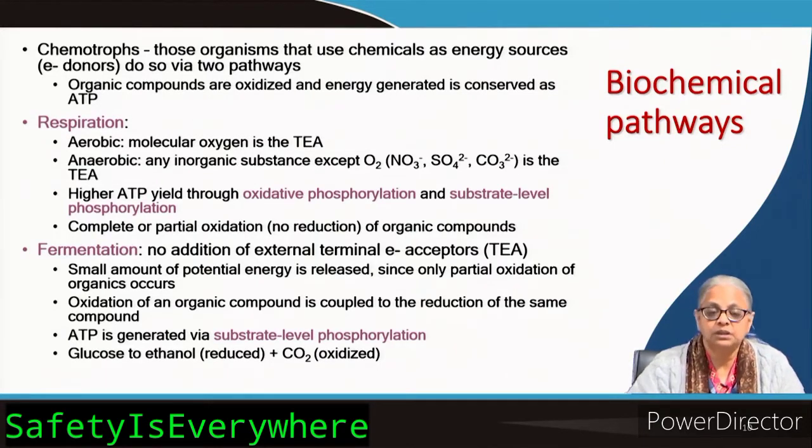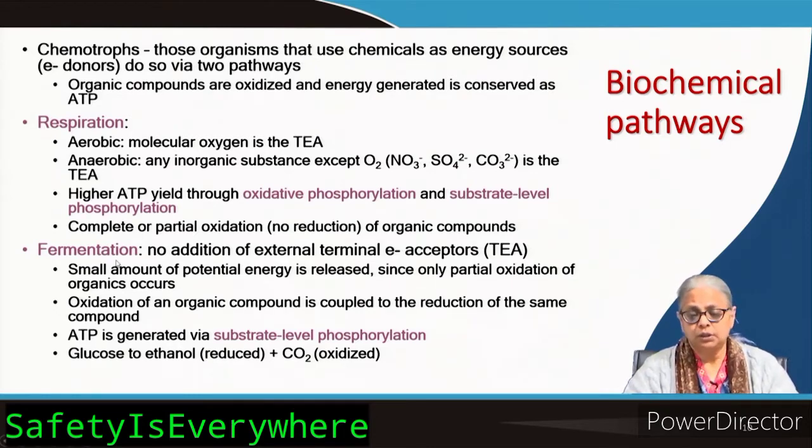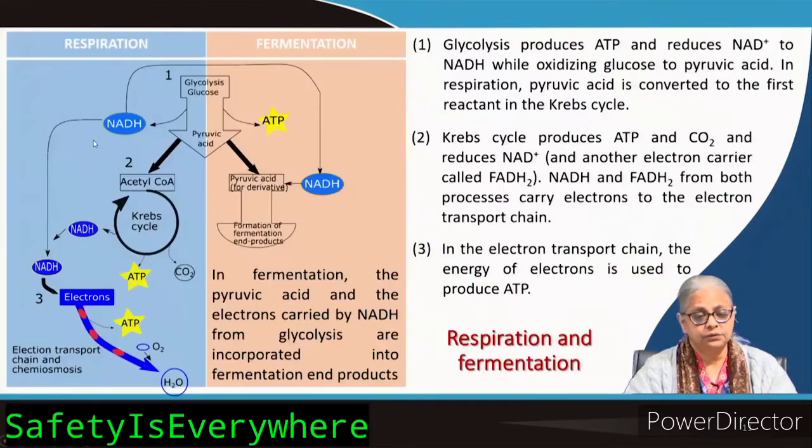Now they can use it in two pathways. You have respiration or fermentation. Within respiration, you have two pathways, aerobic or anaerobic. Now, organic compounds are oxidized and energy is generated and conserved in the form of ATP. We all know that. Let's take a look at these two pathways.